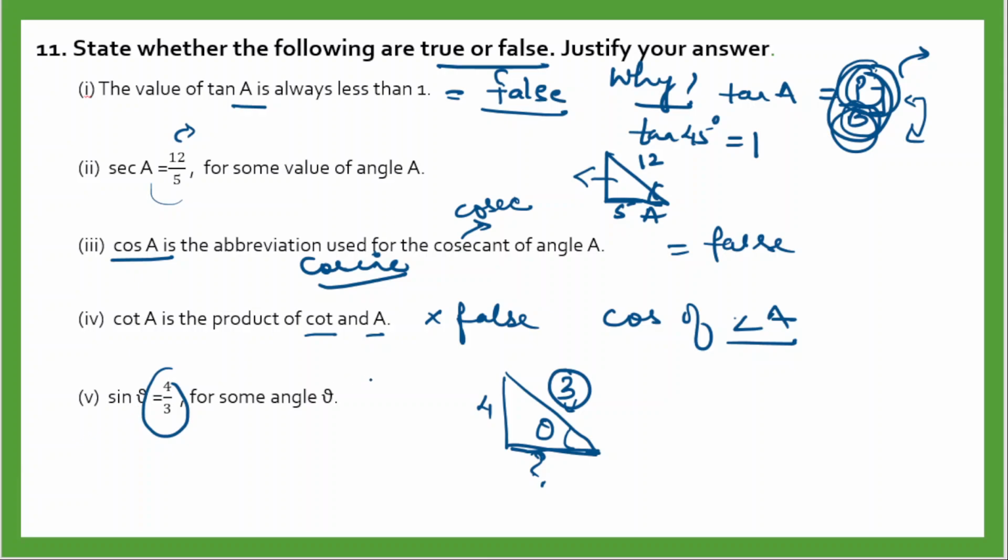We know that this is false. Now, why is it false? Because sin theta is perpendicular divided by hypotenuse, and we know that hypotenuse is the longest side of the triangle, and here 3 is less than 4.